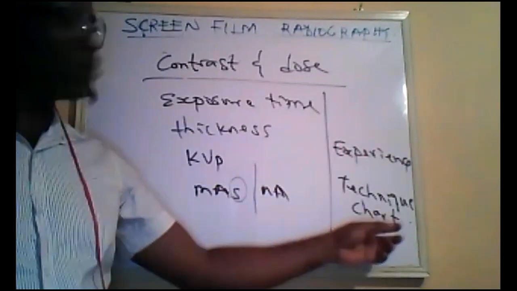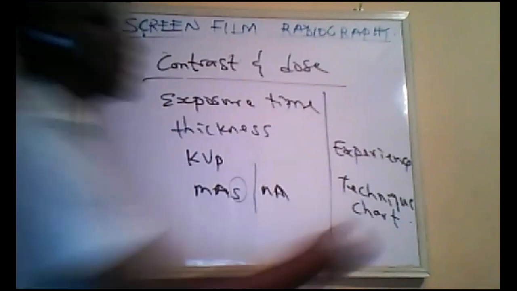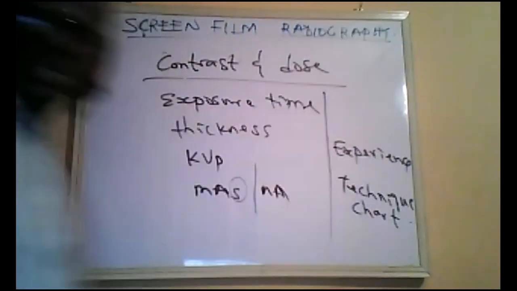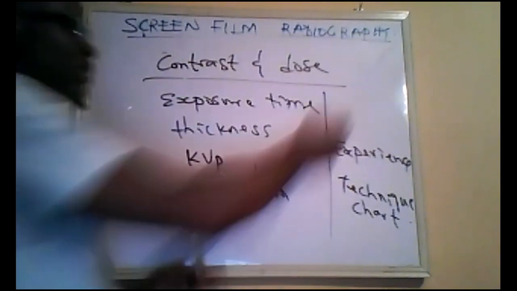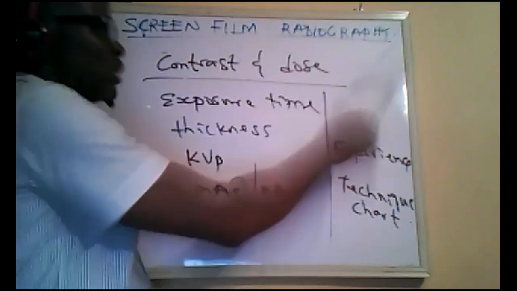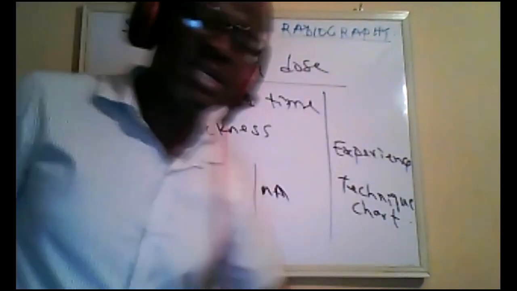With so much experience, one does not always need this, but it is good that it is pasted near the console so that the radiographer can always look at it and then adjust the parameters as the case may be.